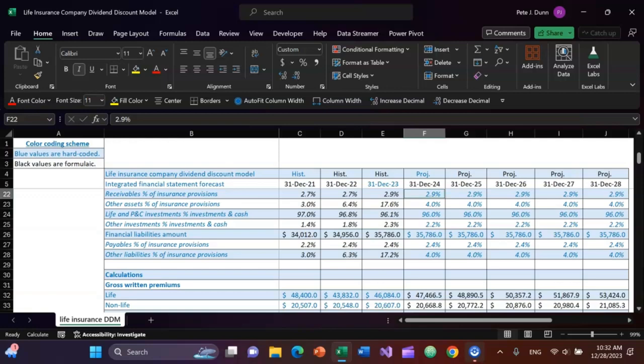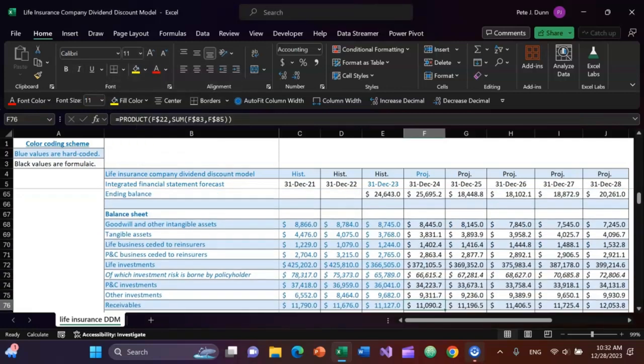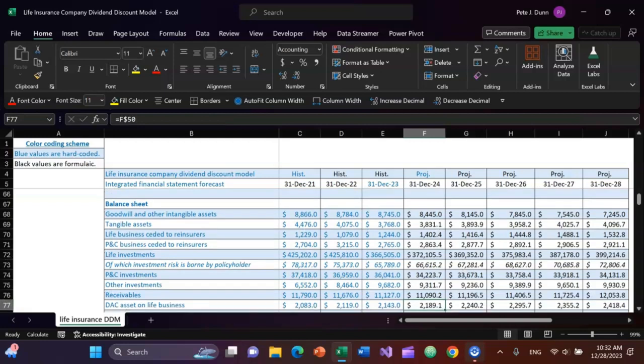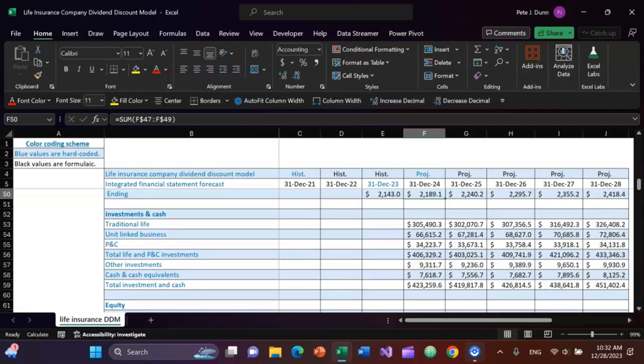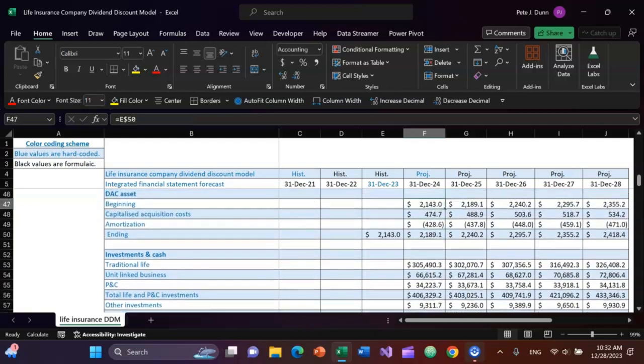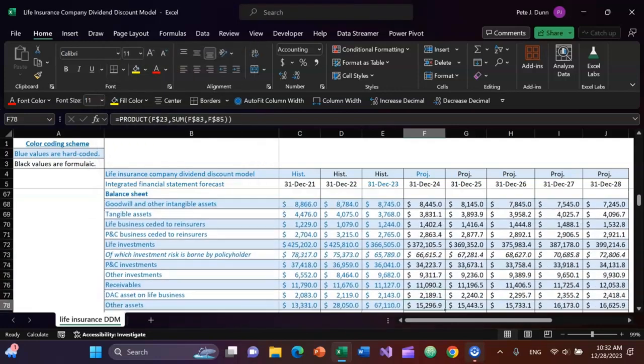We're assuming that assumption is 2.9%. F5 enter to get back. Deferred acquisition costs, that was already forecasted as well in the DAC schedule. So I'll do Control F bracket to get up there, and you can see the schedule once more. F5 enter to get back.